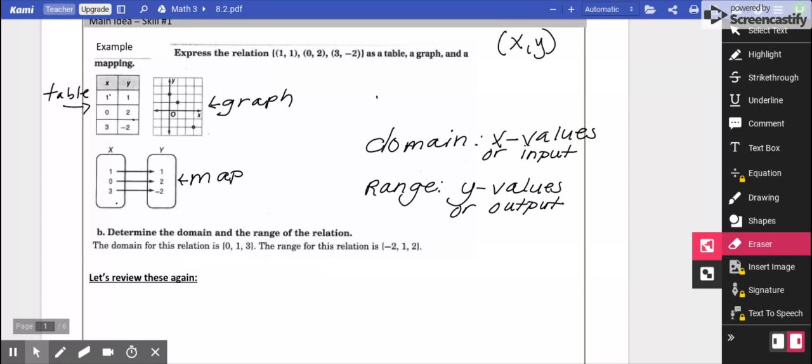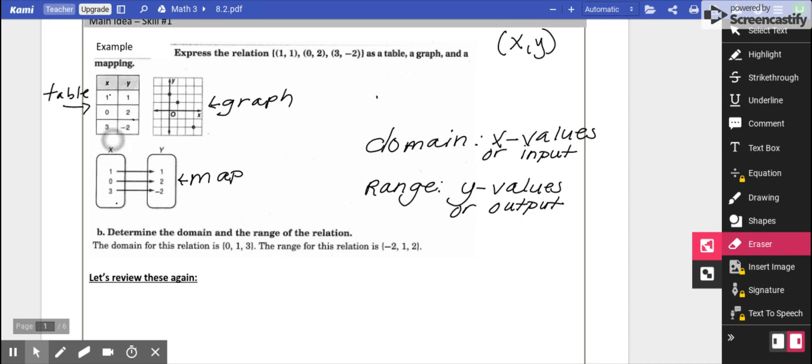The x values here of 1, 0, and 3 are the domain. Now, the range of the function are the y values. So we can look and see that it's 1, 2, negative 2. Each one of these lines here represents an ordered pair.